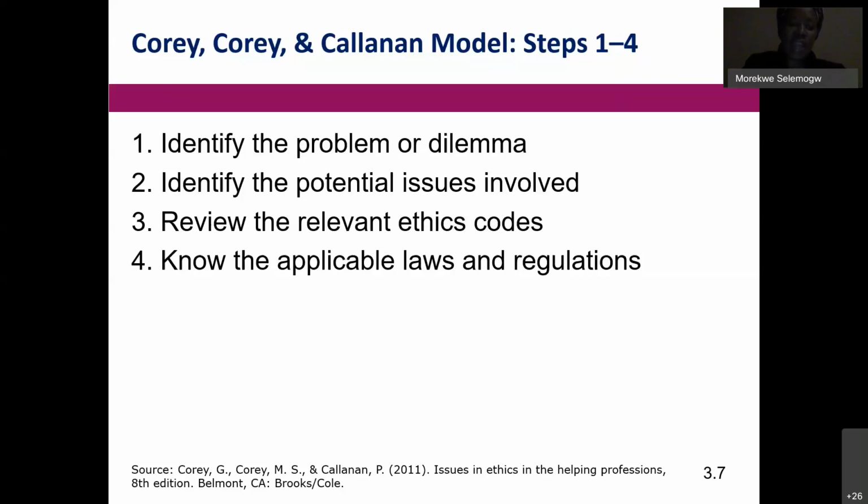There might be other people besides the client that might be involved in that ethical dilemma. So as you try to address an ethical dilemma, you want to be more extensive in coming up with resolutions to address it. You can go to the next slide so that we have time.